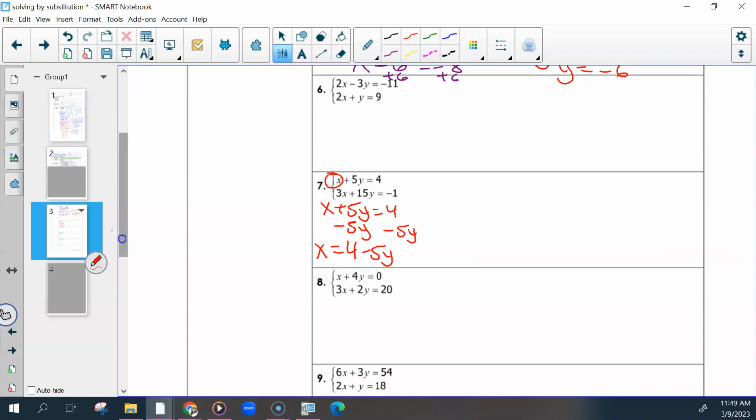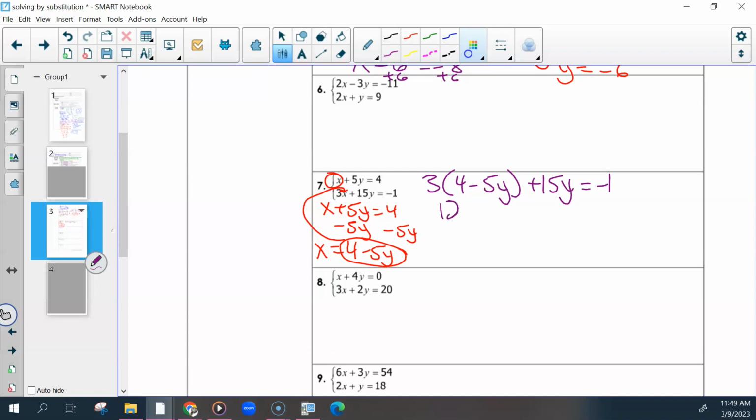And then we would be putting this in for x in the second one. So 3 times 4 minus 5y plus 15y equals -1.